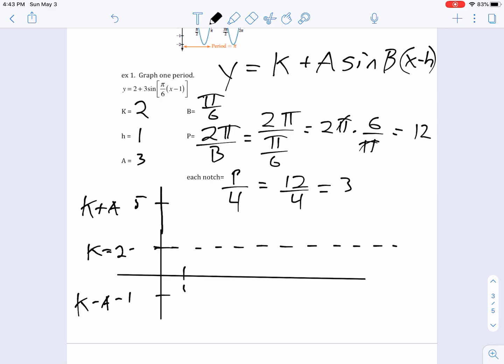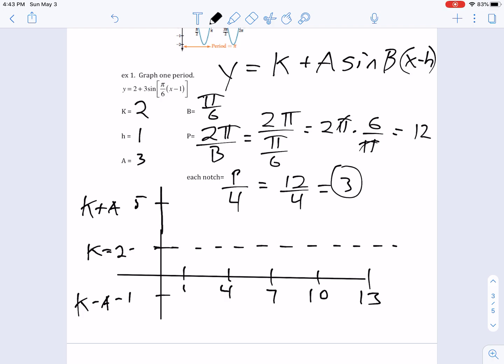Okay, so after h, I'm going to mark 1, 2, 3, 4. Okay, and then each notch after h is going to add 3. So 1 plus 3 is 4, plus 3 is 7, plus 3 is 10, plus 3 is 13.